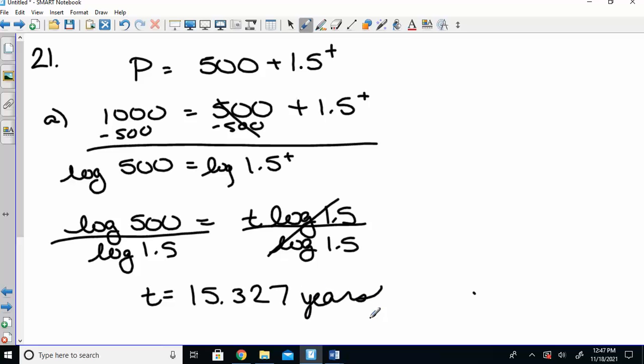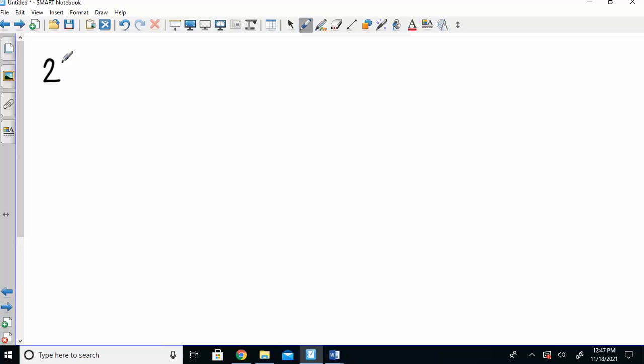Or you could have said this town started in 1950, so 15 years later it's 1965 now, when it has doubled. Part B is the same, you're just setting it equal to 25,000 instead. Alright. Problem 23.